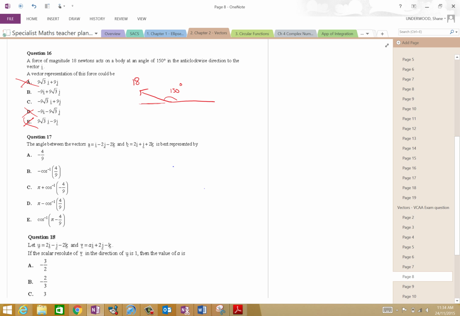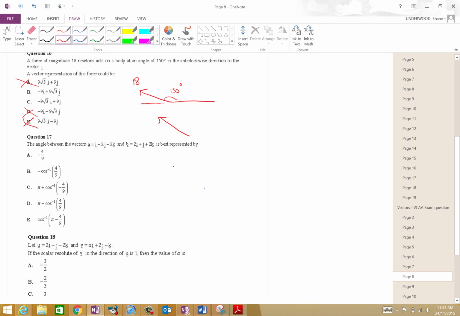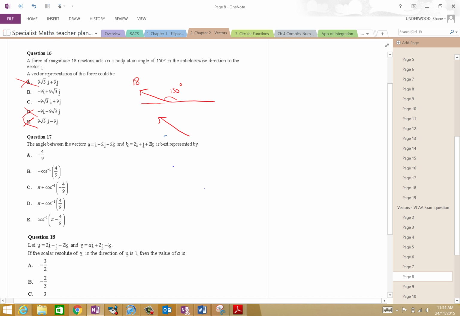But as it turns out, using basic trigonometry, we know that that angle's 30 degrees and I've got 18. If I split the vector up into a perpendicular and a parallel component, this green vector here is going to be 18 sin 30 degrees, and that is my j component.